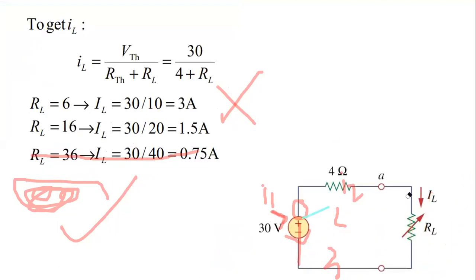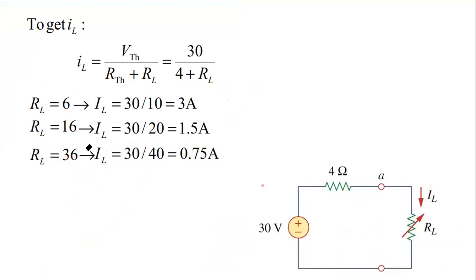The equivalent circuit can be drawn like this. It is shown in the figure. It is called Thevenin's equivalent circuit, and you can easily get it.